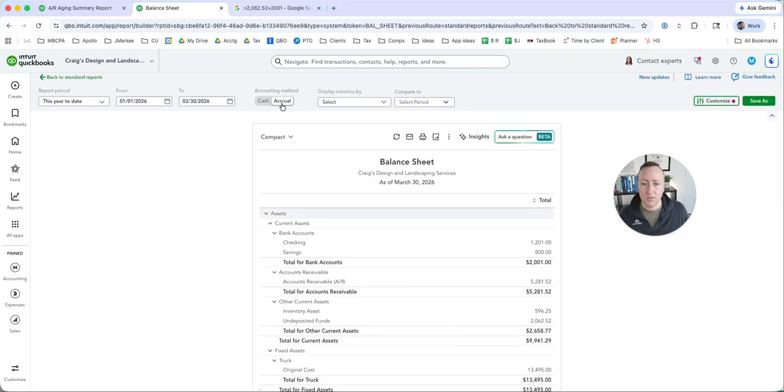But just because you click the button for accrual does not necessarily mean that your financials are completely in US generally accepted accounting principles. So US GAAP, that is the overall infrastructure in this country for how financial reports are to be generated.